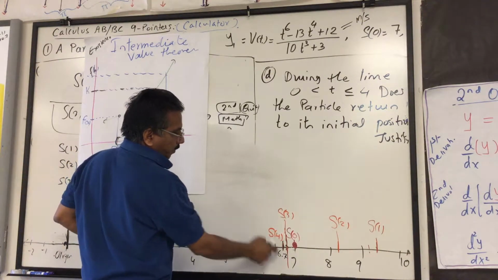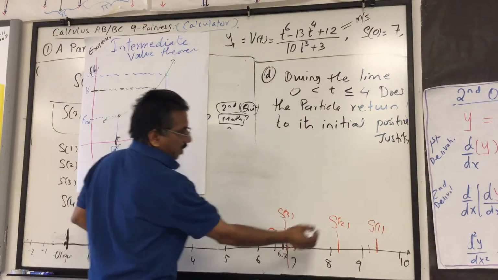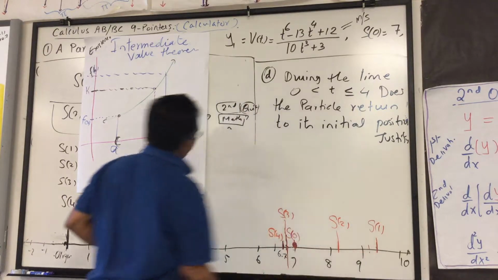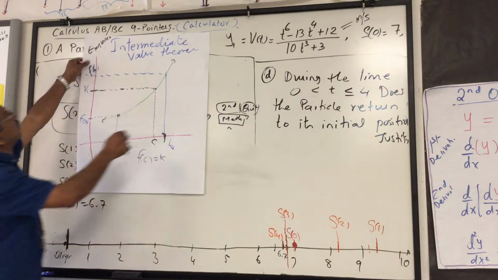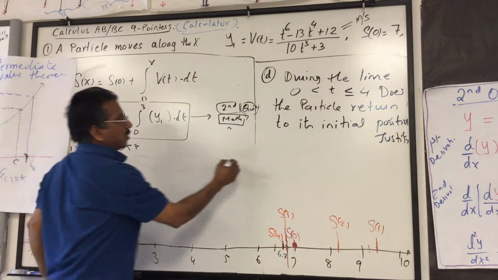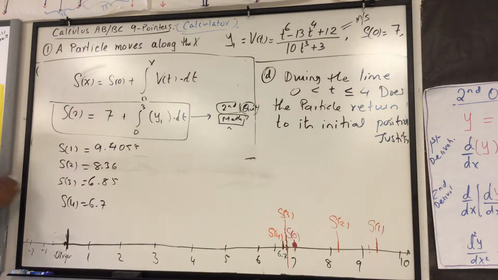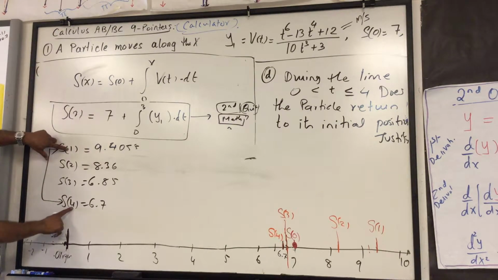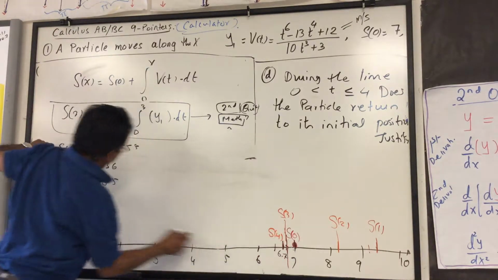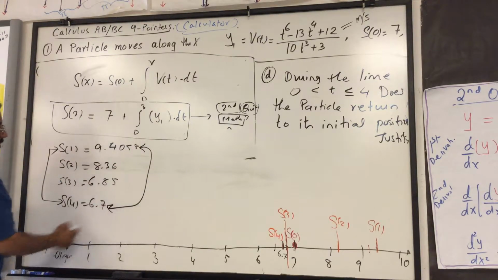So can we use this to justify our result? If you look here, S of 0 was 7. Now S of 1, what was S of 1? Check. S of 1 is 9.4, and S of 4, now I want you to focus on this. So 1 and 4, and you can see the initial position is 7, and this 7 lies between 6.7 and 9.4, so I want you to focus on this one and this one.